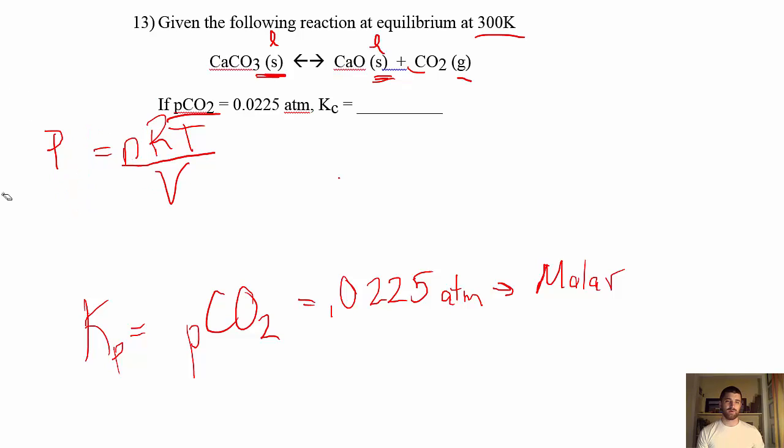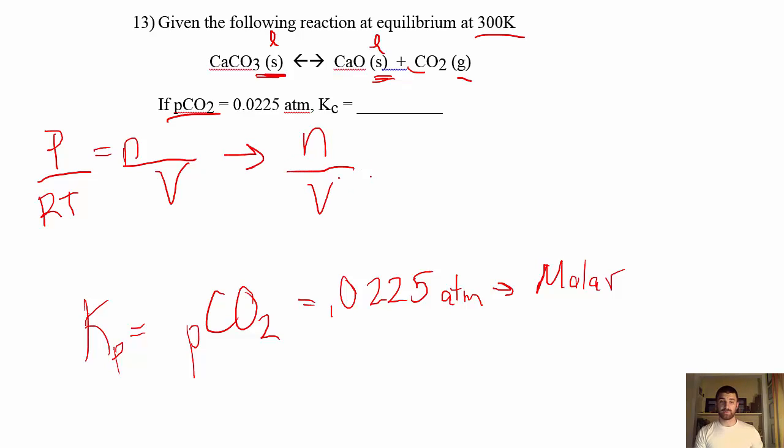Then I want just moles per liter, so I have to get rid of this RT. I divide RT to the other side, and I'm left with moles over the volume, which we'll put in liters, equal to the pressure over R times T. So now it's just plug and chug. We know the pressure, it's 0.0225 atmospheres.